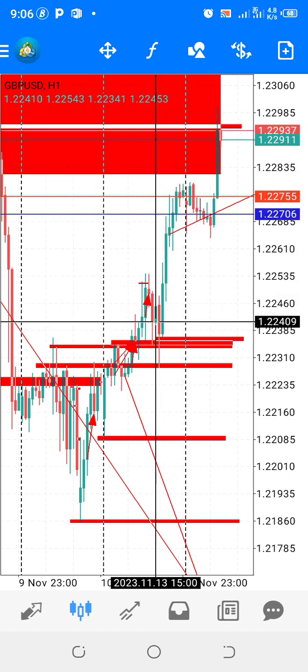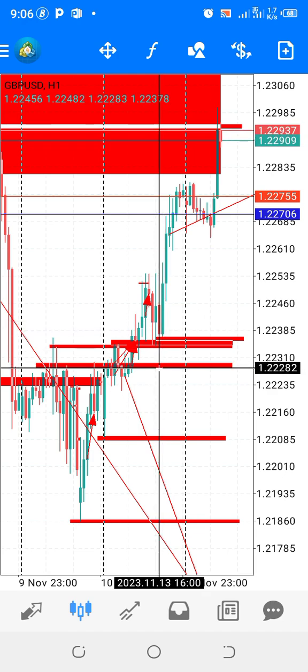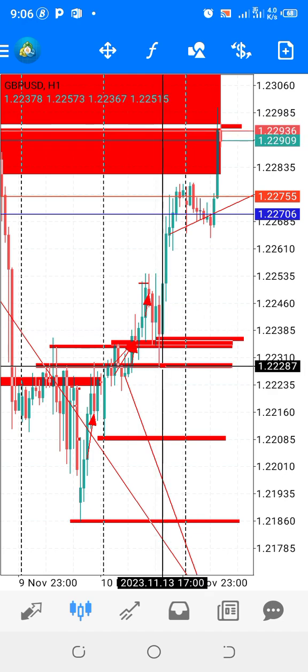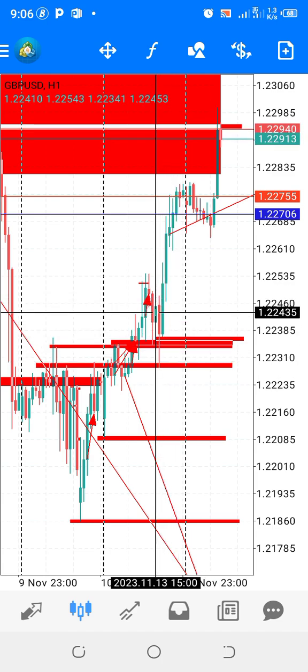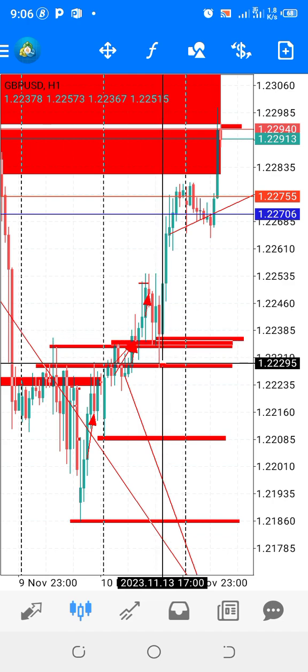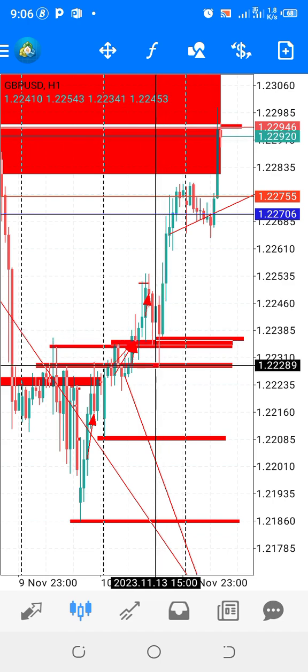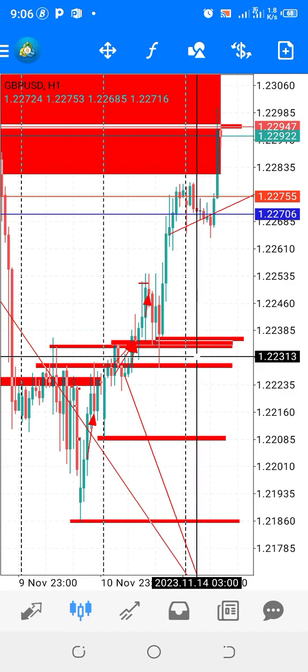Entry price at 1.2240. Stop loss will be 1.2230. If it goes into stop loss, then you know that one was not for you. So this very entry here, based on what we've explained, went into stop loss, and that was not for you.